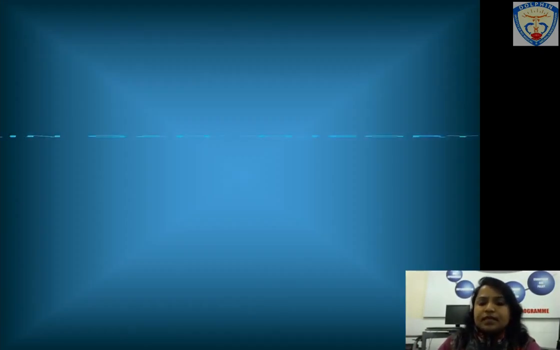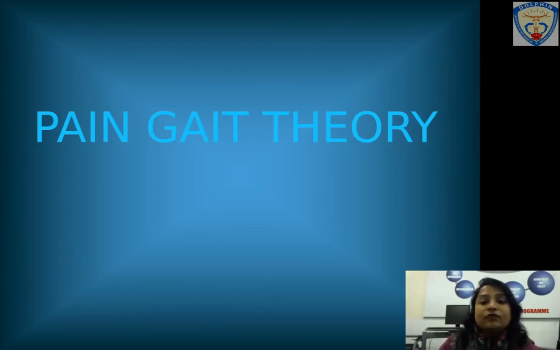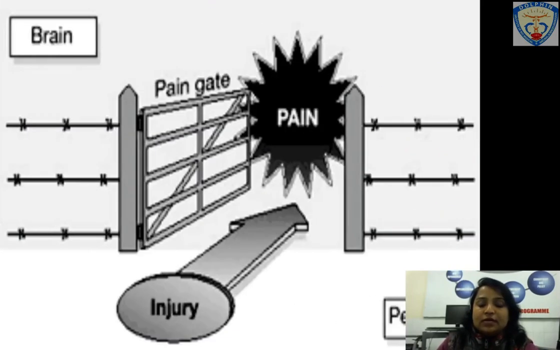Next we have to know the basic principle behind the various electrical modalities by which we are controlling pain, and this we can understand by the pain gate theory. Pain gate theory was given by the scientists Melzack and Wall in the year 1965.